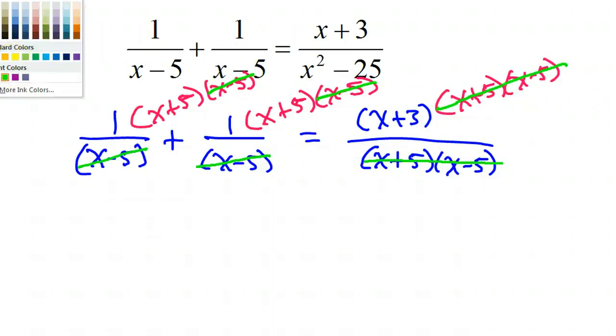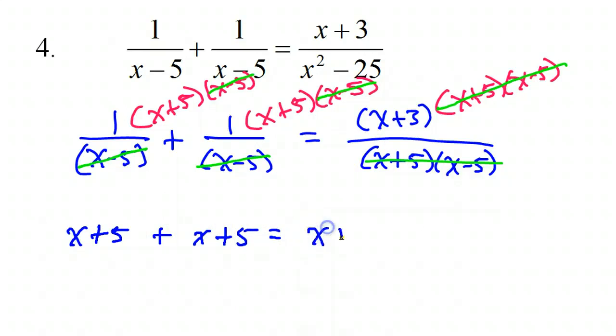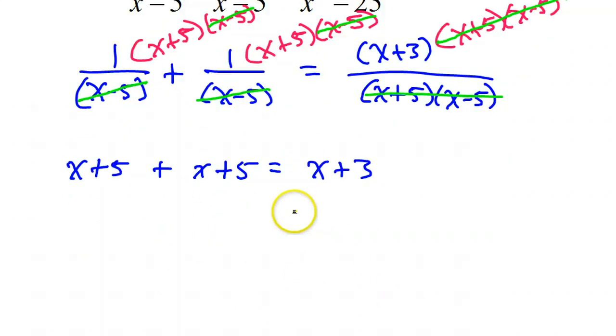So that will leave me with the following. I've got x plus 5 right there. And then I've got another x plus 5 right here. Then over here I've got x plus 3. Okay, this looks pretty simple.